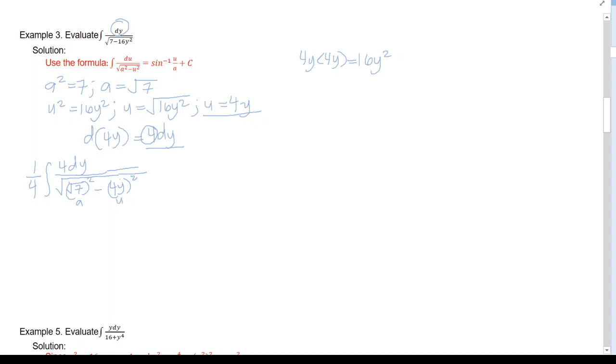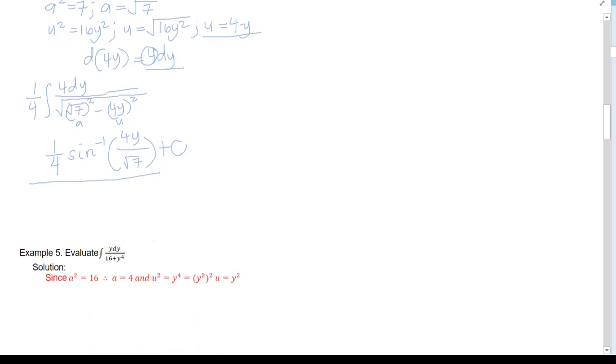Substituting the values of a and u to the formula, that is also equal to, let us get that one, don't forget the constant, which is 1 all over 4, the manipulated one. That is arcsine of u, which is 4y, all over a, which is the square root of 7, plus c. So that is our final answer.